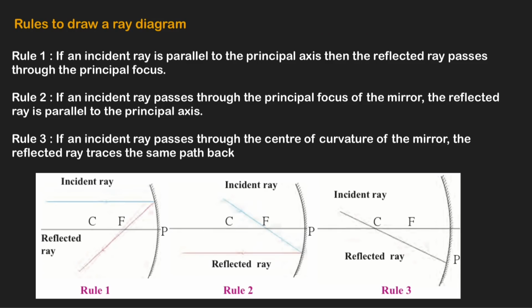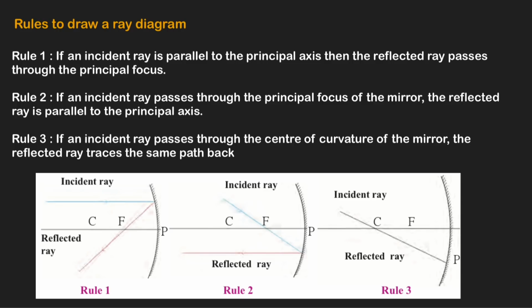Okay, now the next point is rules to draw a ray diagram, which we already discussed. One of the rules is when the rays are parallel to the principal axis. That one is our first rule. Rule number 1: if an incident ray is parallel to the principal axis, then the reflected ray passes through the principal focus.